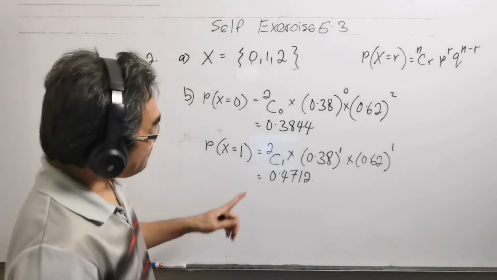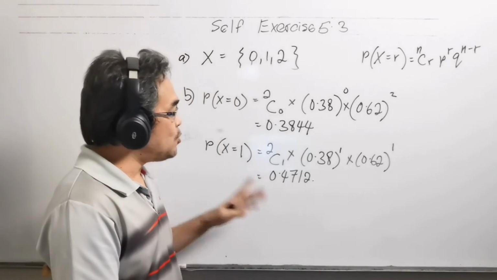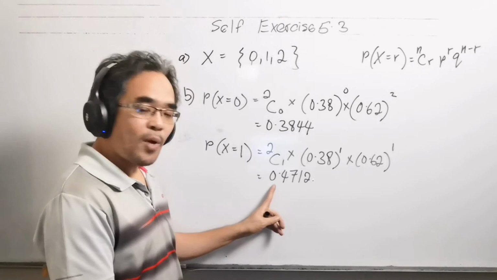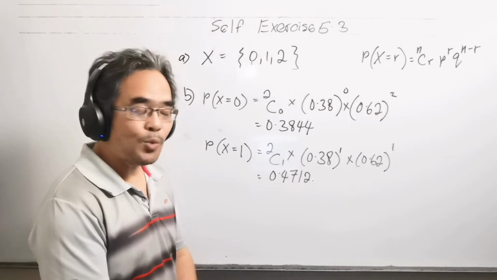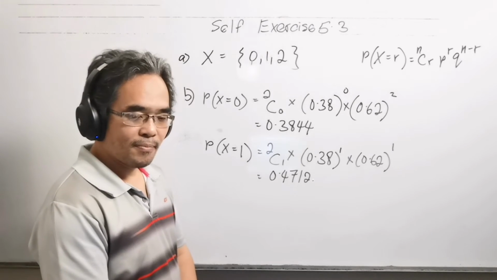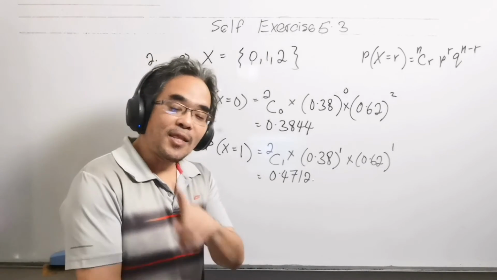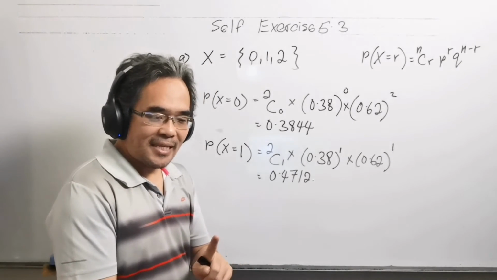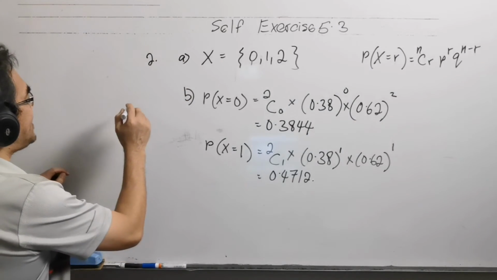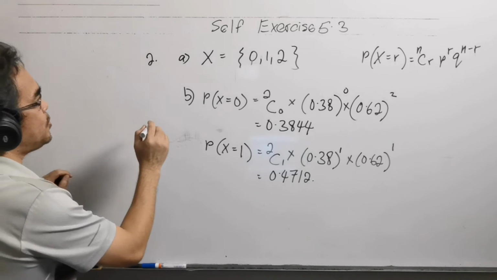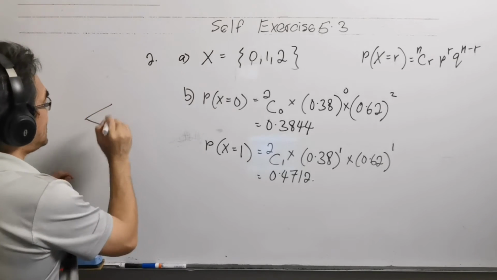Did you have, in your previous answer using the tree diagram, any answer that gives you 0.4712? I believe it should be the second and the third one, because you should have something like this.